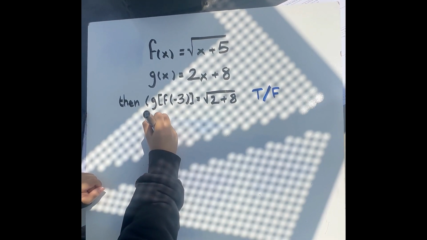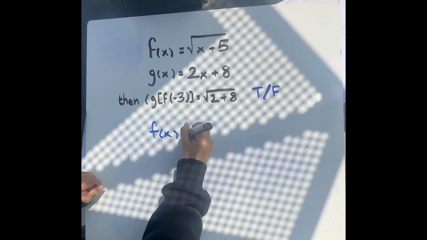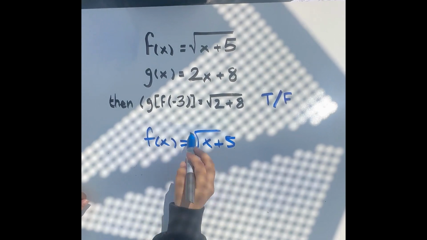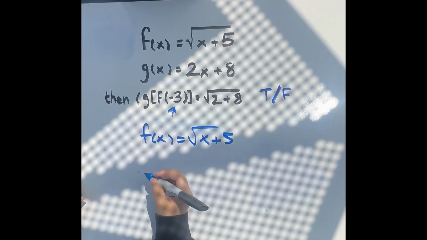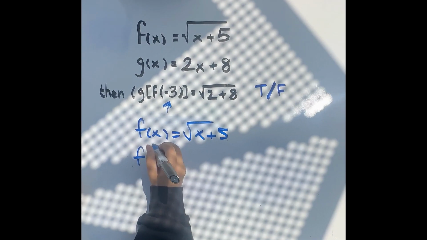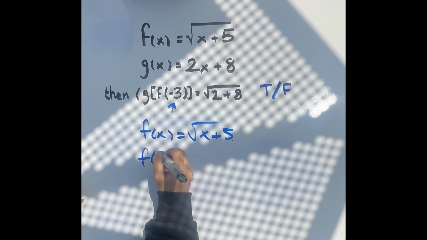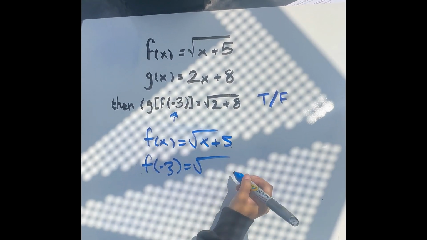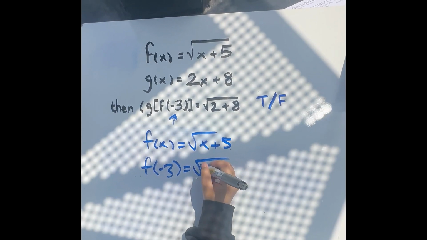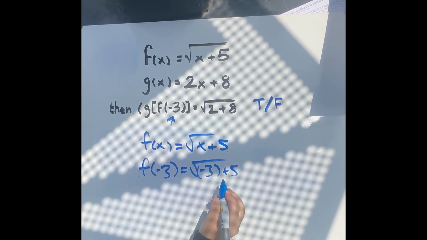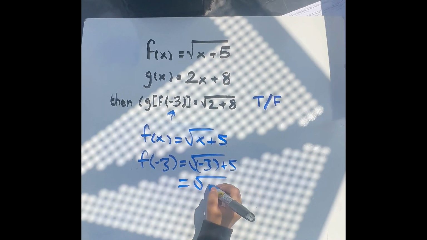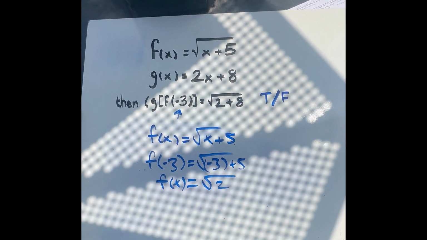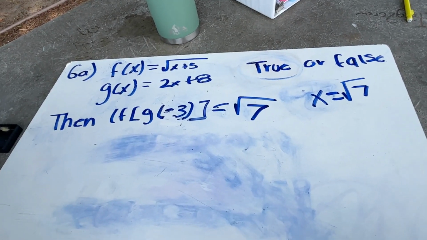So since x is negative 3, then it'd be f of negative 3, square root of negative 3 plus 5, then it'd be square root of 2. Yeah, that's about it. True or false, x equals square root of 7.